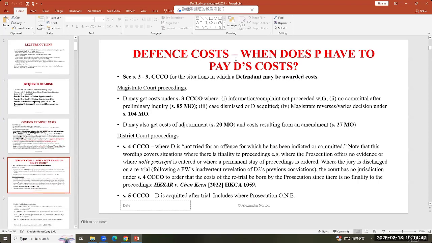So the next few slides deal with some situations where the prosecution may be ordered to pay the defendant's costs. So some provisions under the magistrate's court as well as in the district court. For example, if the prosecution decide to withdraw the information or complaint, or the defendant is, say, acquitted after a no case to answer submission, then costs may be awarded to the defendant.